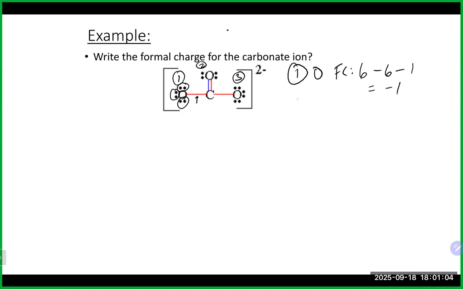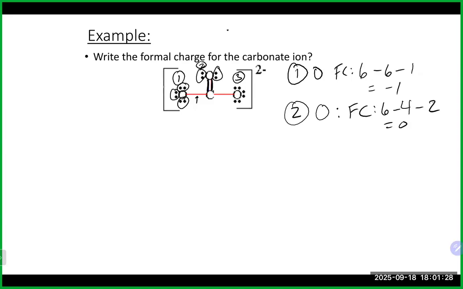If I go to oxygen number 2, the formal charge for the one up on top is going to be again 6 minus 2, 4 non-bonding electrons, minus, again, we have a double bond happening here, so 1 and 2 bonds. 6 minus 4 is 2, minus 2 is 0.